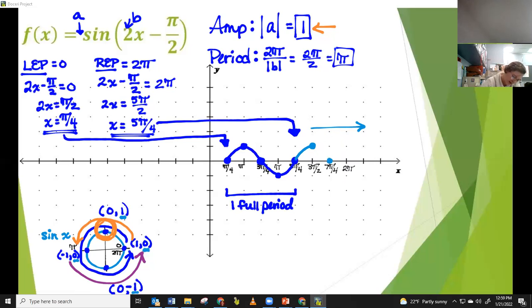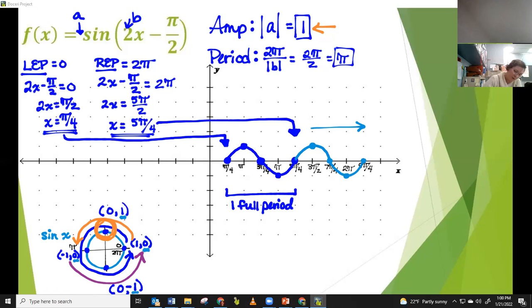All right, and then after that, where do I go? 2 pi and -1, thank you. And last but not least, where do I go to get my second full period? Nine pi over 4 and then back to 0. Yep, so I'm going to label 9 pi over 4. We come back to 0 and we have our second full period.